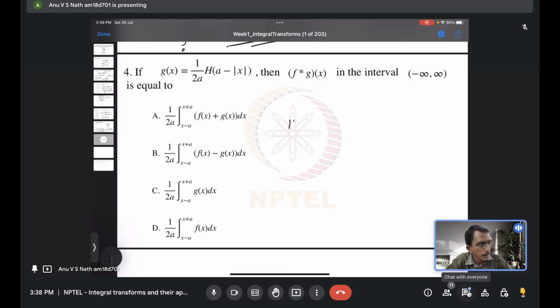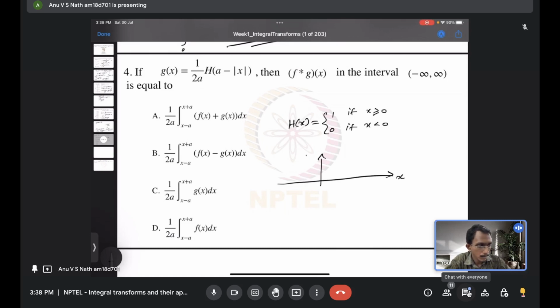The Heaviside function h of x is 1 if x is greater than 0, and 0 if x is less than 0. Some definitions say x greater than or equal to 0 is also taken as 1. In some definitions, at x equal to 0 it is defined to be half. Whatever the case, we will have a step kind of function.